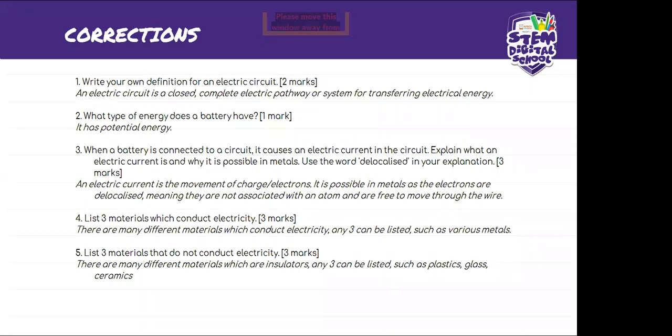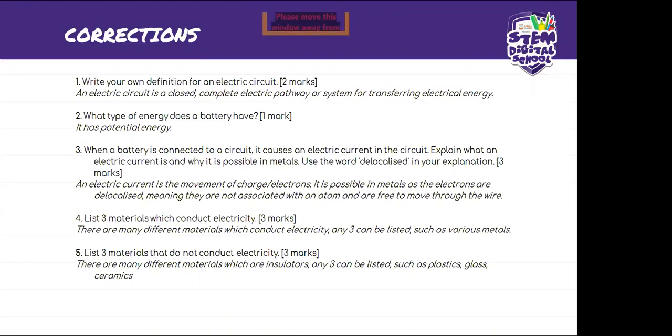So delocalized electrons simply means they can move about, meaning they are not associated with an atom and are free to move through the wire. As they move about, they are able to carry what? The charges or the electrons from one place to another.